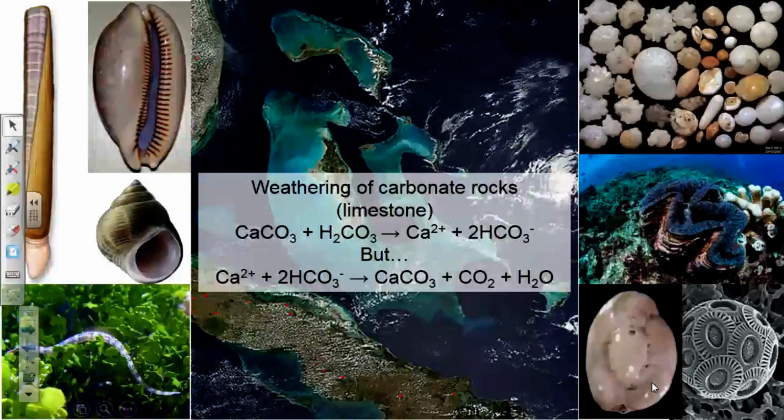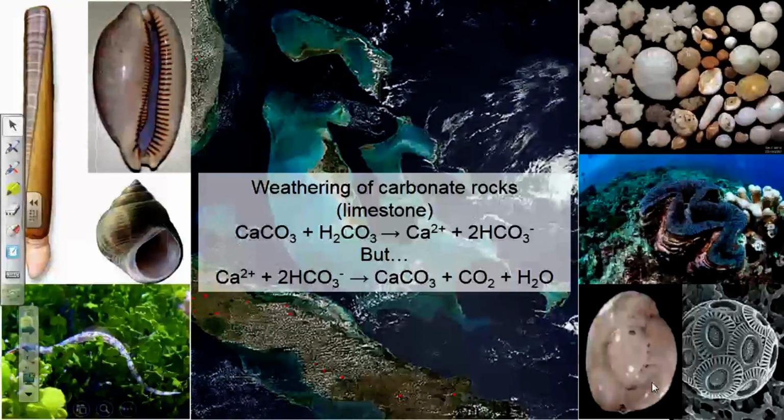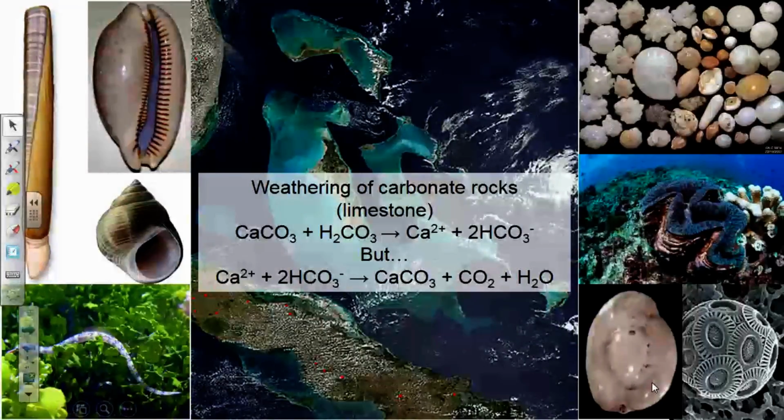And calcium carbonate contains carbon, but that actually causes the concentration of carbon dioxide in the ocean and in the atmosphere to go up. So things like the formation of large coral reefs, that's actually bad for the climate in terms of it produces more CO2.